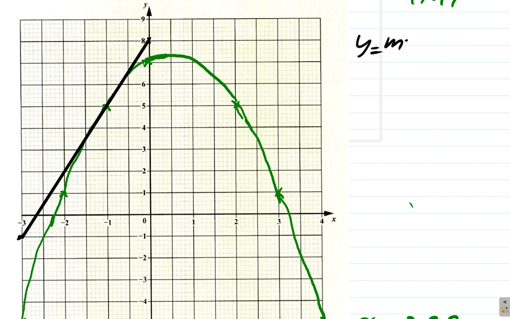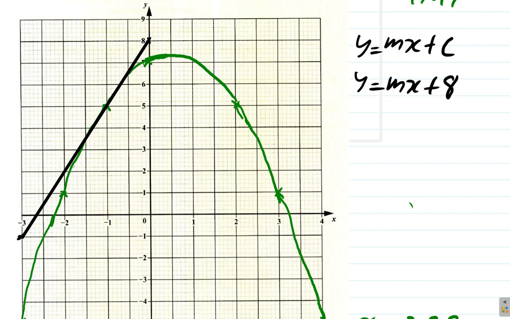C is the y-intercept, wherever it cuts the y-axis. You can see here that it is 8. So y is equal to mx plus 8. Then you consider m is the gradient.